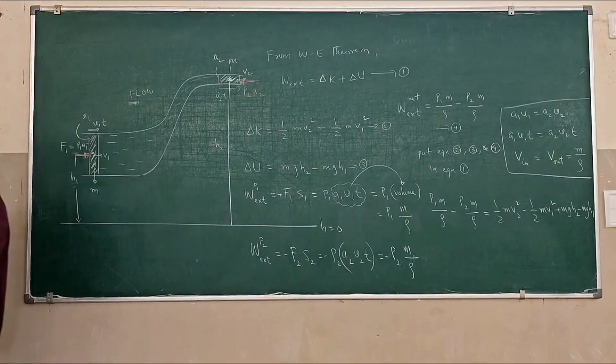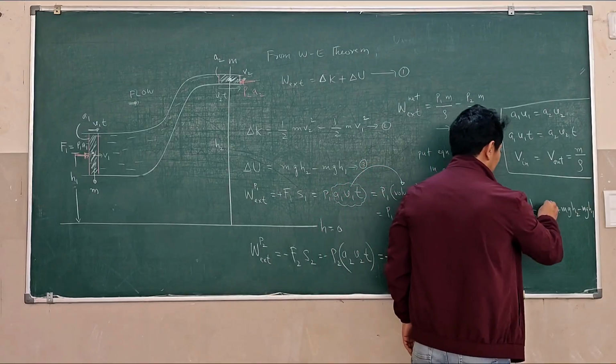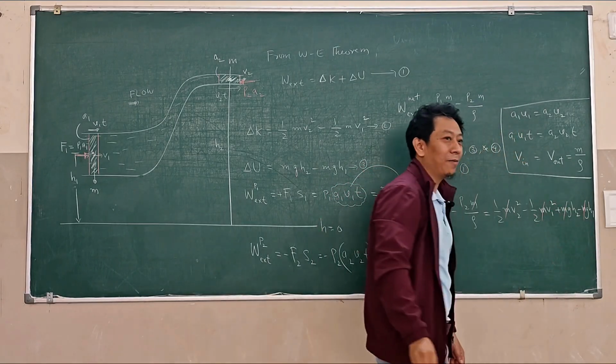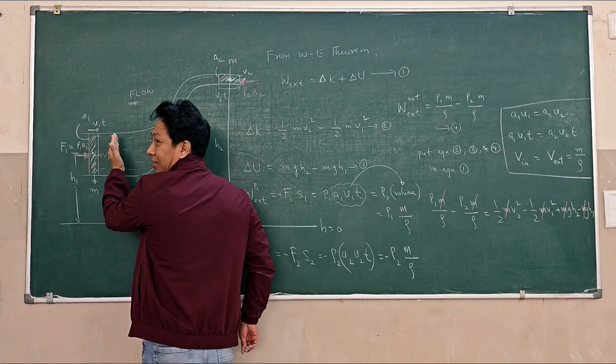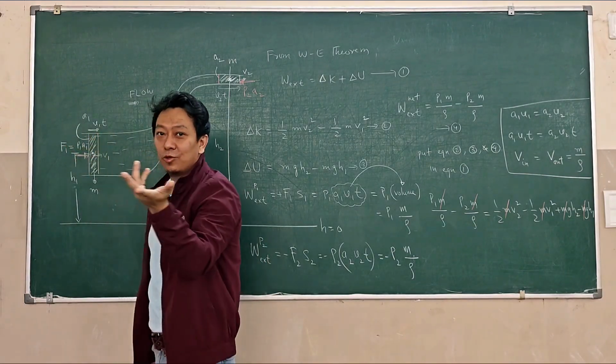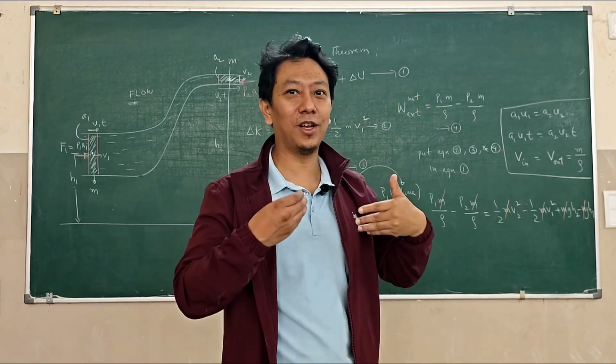What can we do with m? Okay, take common and cancel. That is because this m, I could have taken time t till here also. So that m should cancel anyway, because your answer should not depend on my imagination.